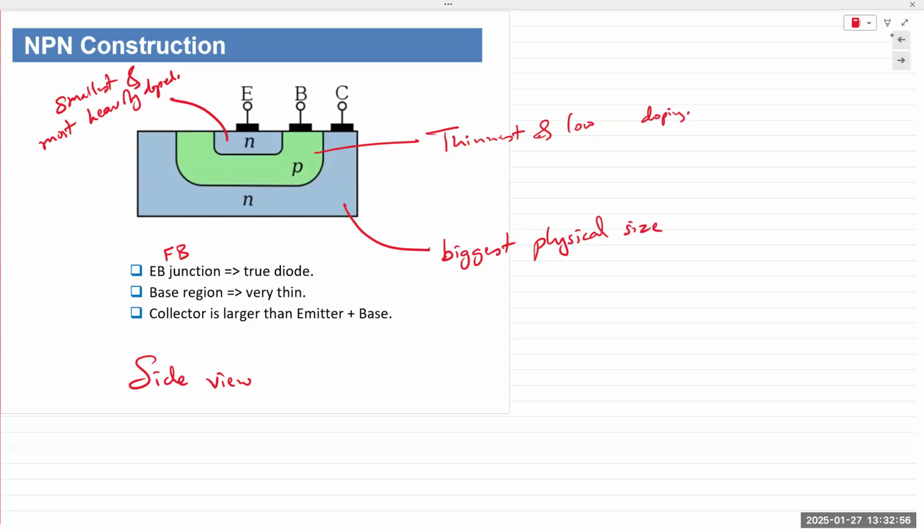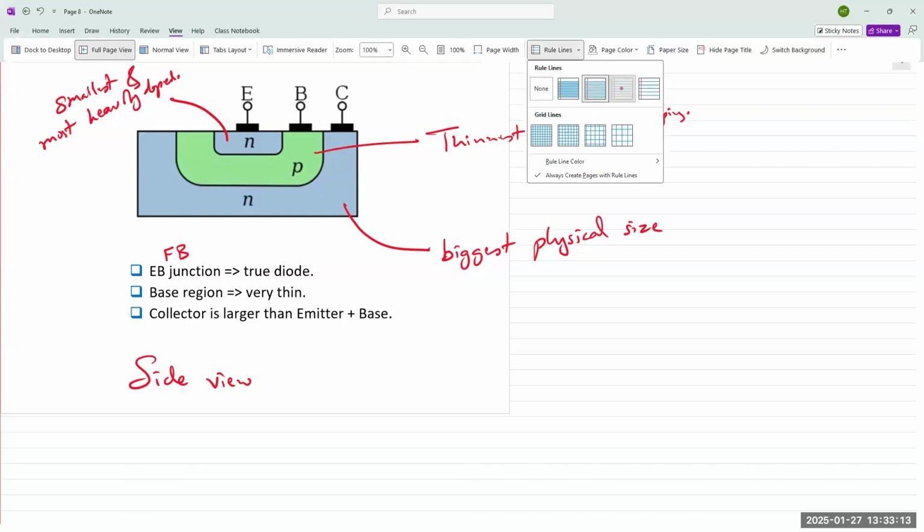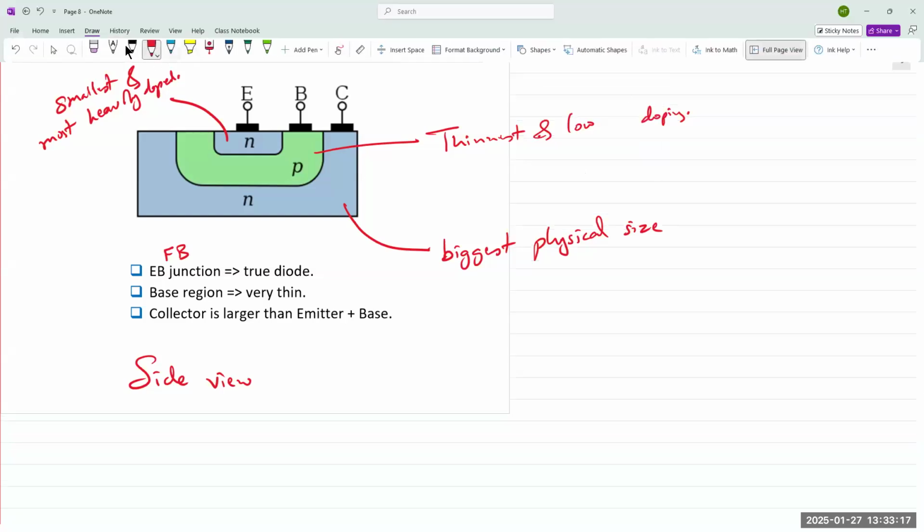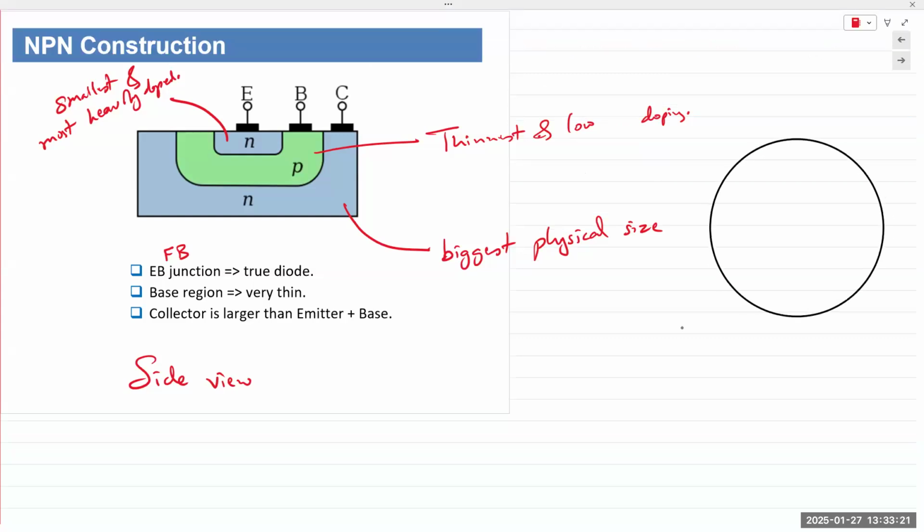Let me draw out the top view and explain how these are actually built. Okay. So let's, and, this is what a typical silicon wafer would look like, substrate, right?